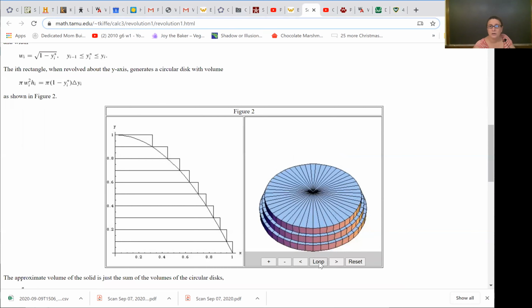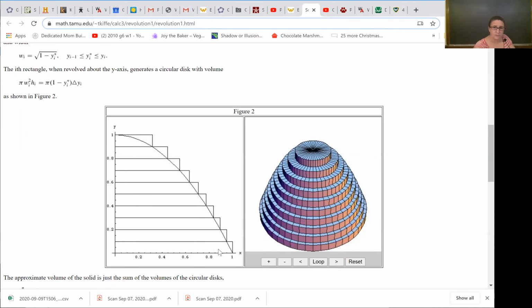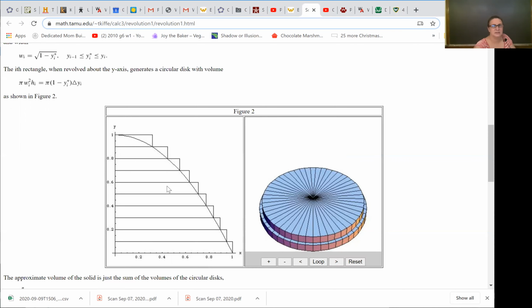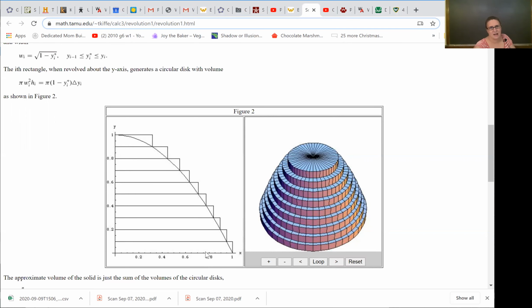So it's going to end up that way. When we were rotating around the x-axis, they were going up and down, but here we're rotating around the y-axis, so they're going left to right in this sense. However you want to think about it.